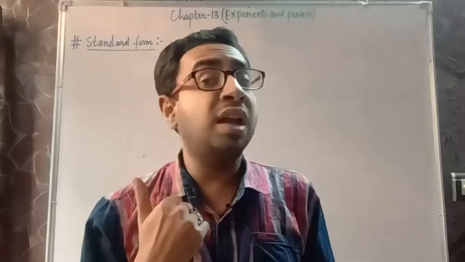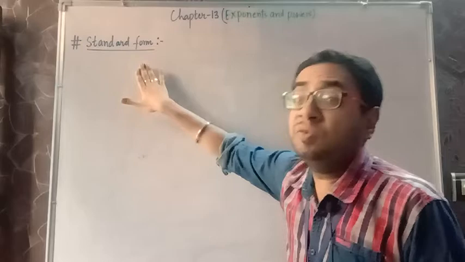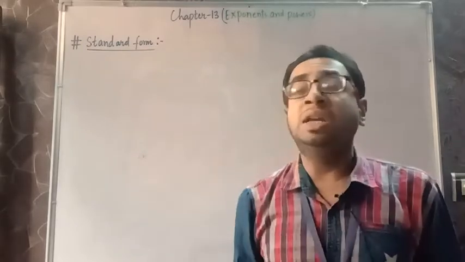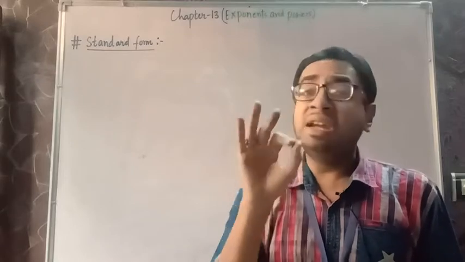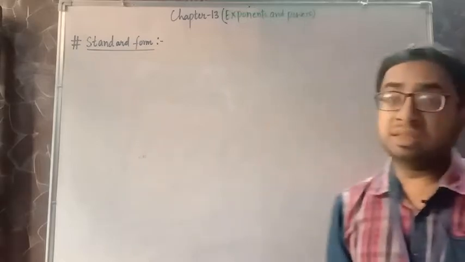It means that is against your comfort. This is what standard form means. Hence we have standard form so that we can represent things comfortably in a precise manner. So let's understand, what do you mean by standard form?